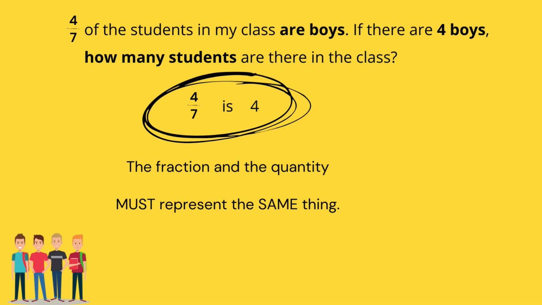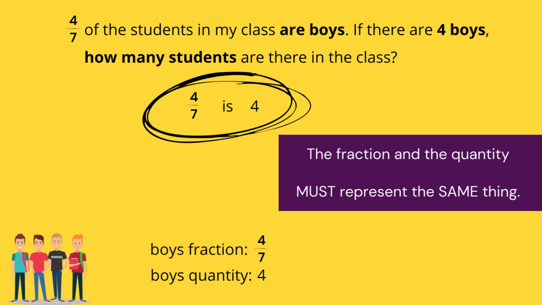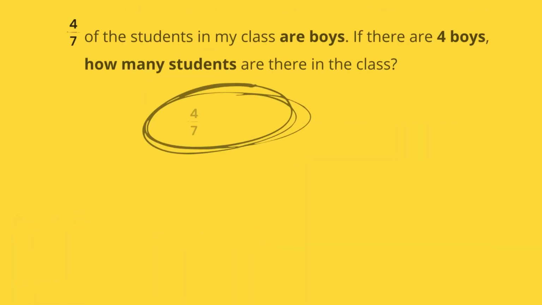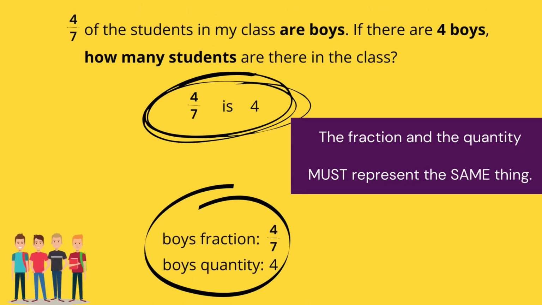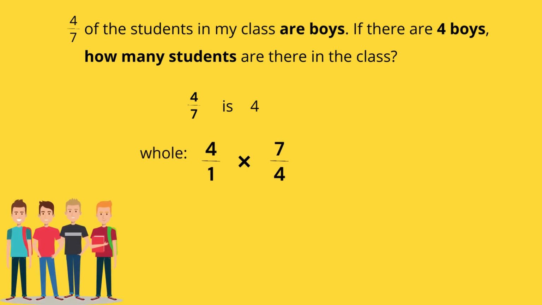Therefore, the number 4 represents the number of boys in the class. So we can say that 4/7 is 4. So we are showing here that the fraction and the quantity represent the same thing. The boys' fraction, 4/7, the boys' quantity, 4.